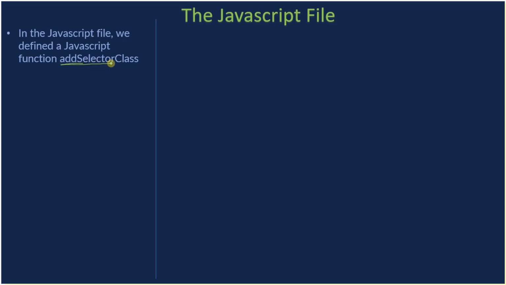We know that a JavaScript file is referred to in the header section of the HTML file. In this video, we will add a JavaScript file so that it is available to the HTML. And in the JavaScript file, we will define a function called addSelectorClass.